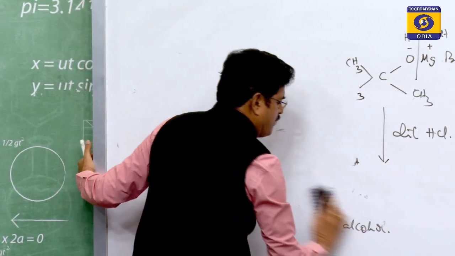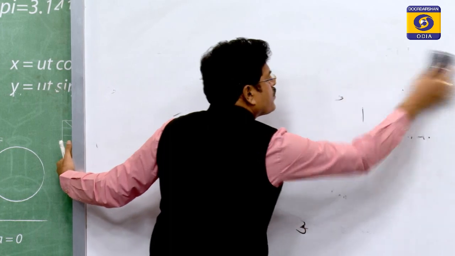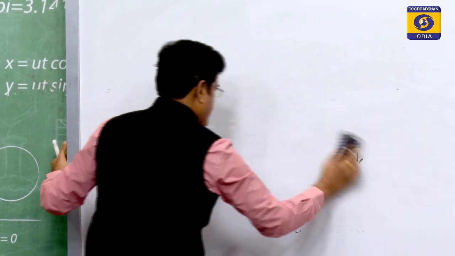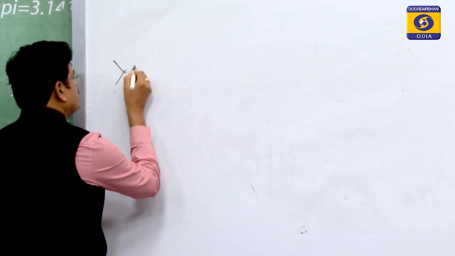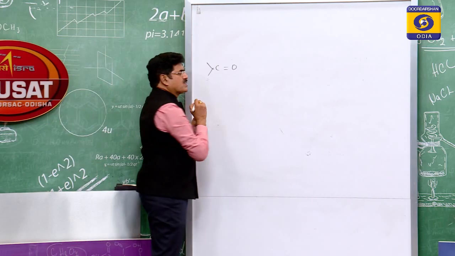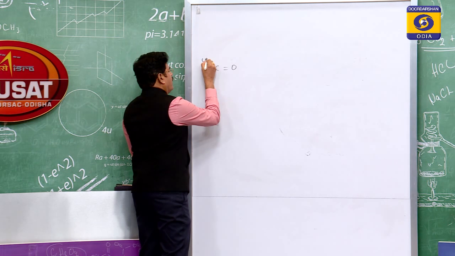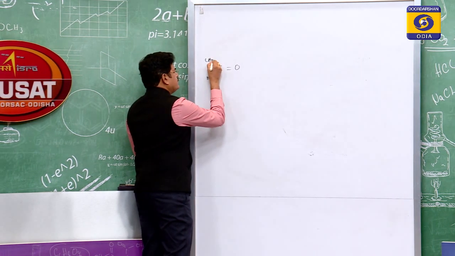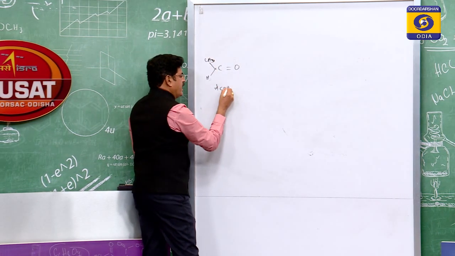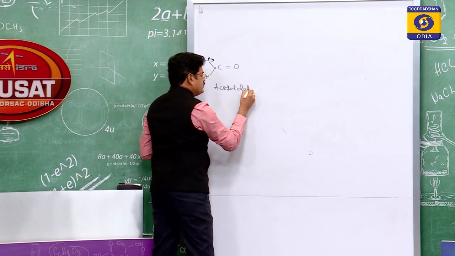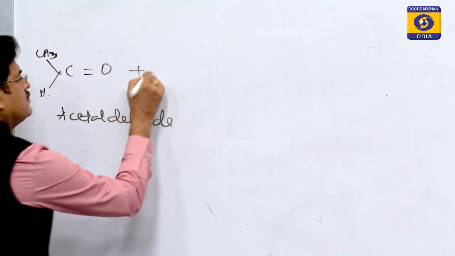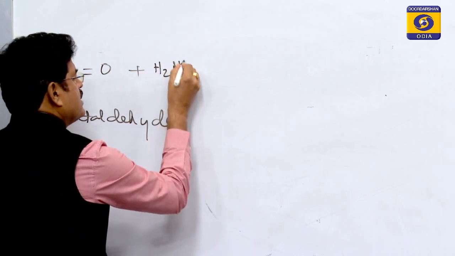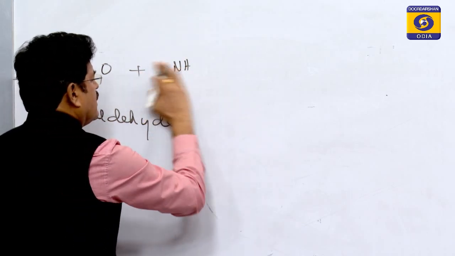First, addition of ammonia. This is the carbonyl group. Let it be acetaldehyde here. Acetaldehyde reacts with ammonia. In simple way, you can write like this.